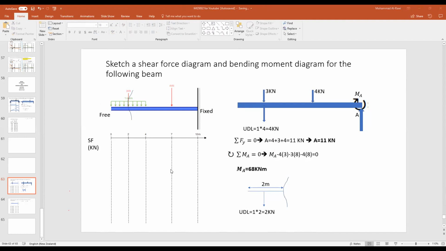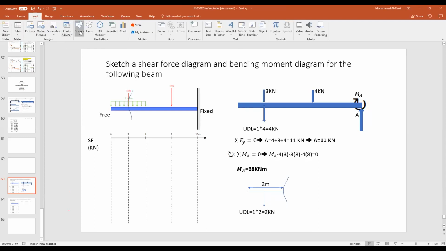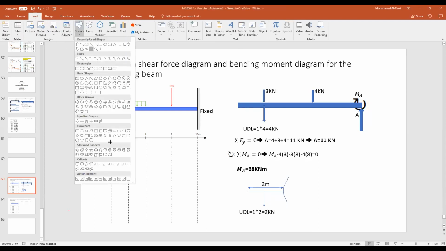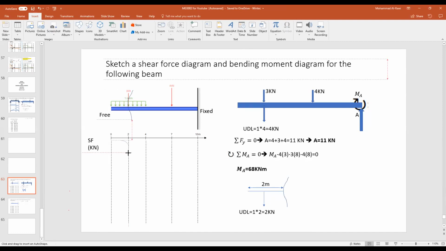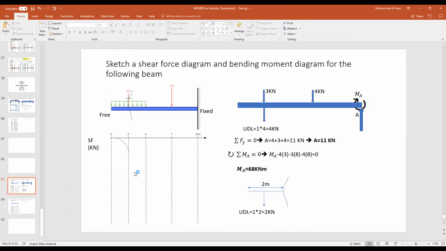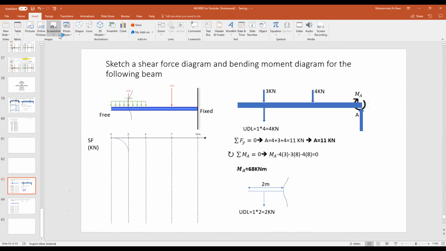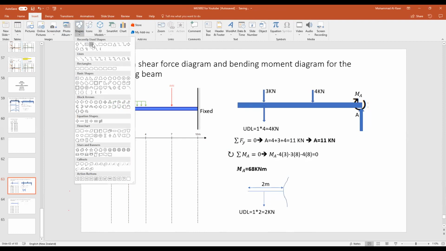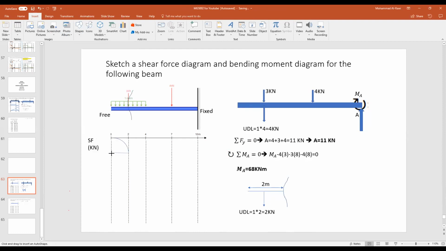Because it's a UDL, I need to use a curve. Since we are using PowerPoint, I should get a curve like this. Hopefully I can make it. Slightly cool. And then I write the scale here to show the line that this point represents for me.